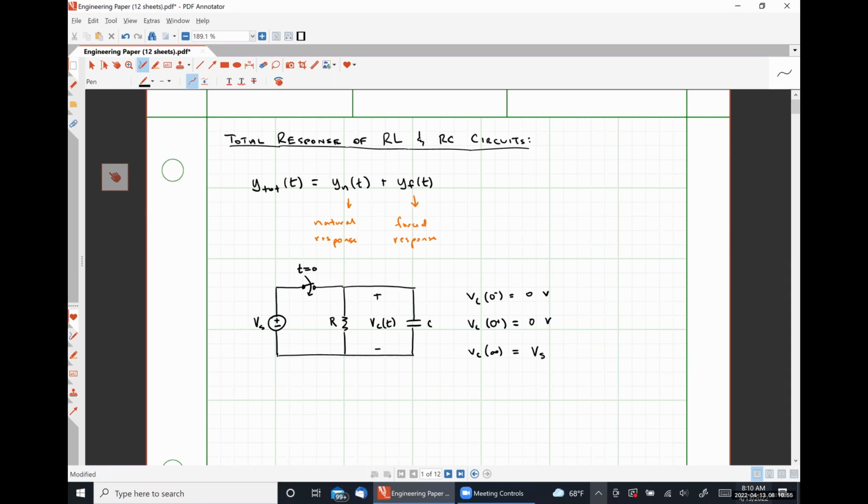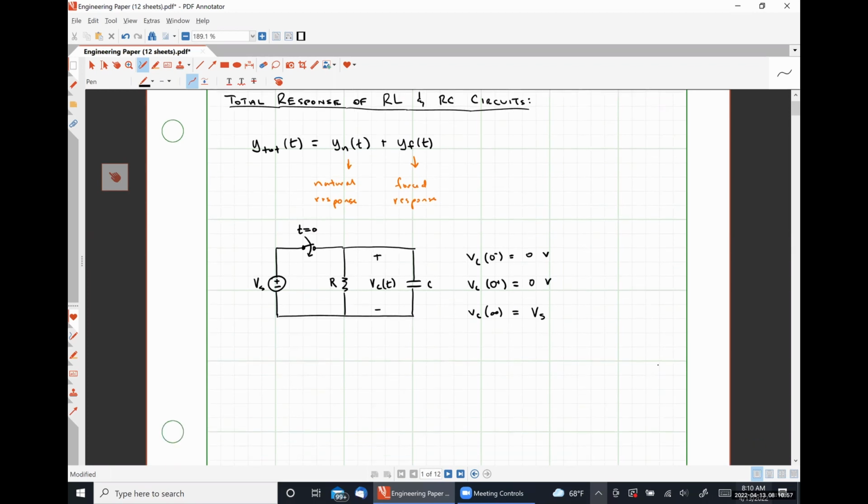All right. So based on what we observed earlier, and by earlier, I mean Monday, the total response, actually, let's call it VC total, should be the natural response, which is what we talked about on Monday.